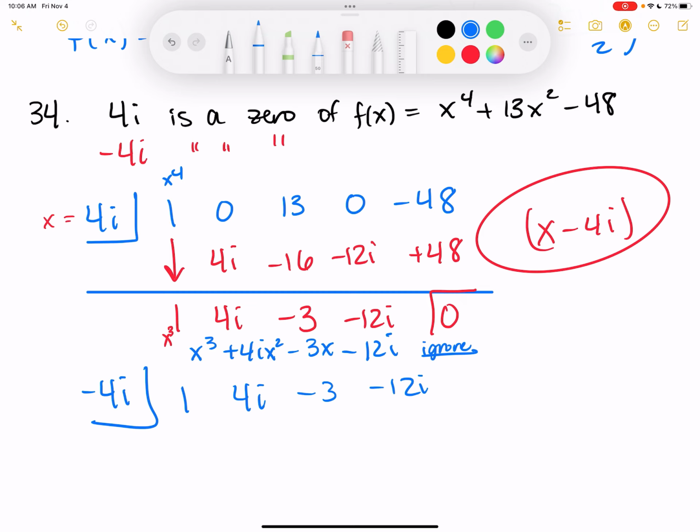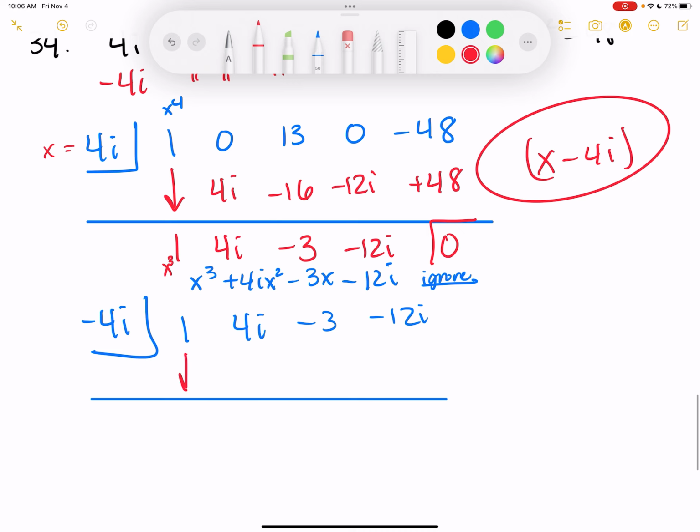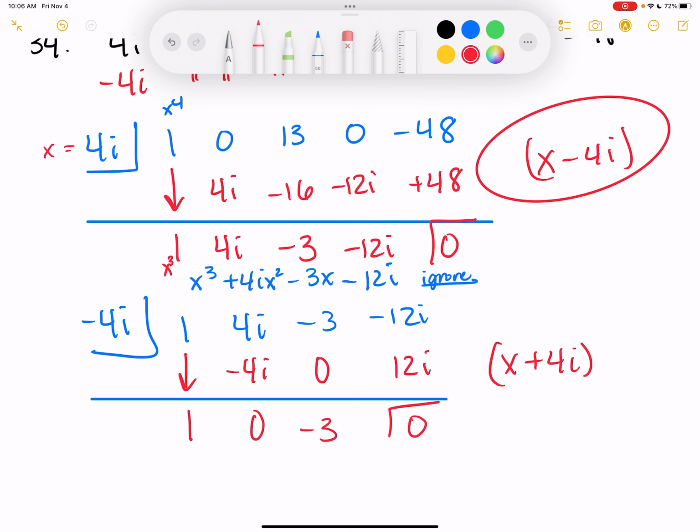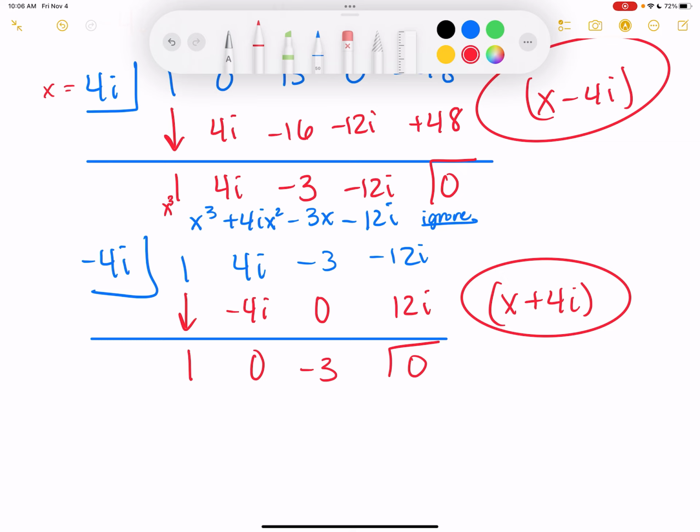So then, follow the same procedures, bring down the 1. So that's minus 4i, which gives you 0, then negative 3. Negative 3 times negative 4i is going to give you plus 12i, which gives you 0. So x plus 4i is a factor. So this was an x cubed term, meaning this is now an x squared term.